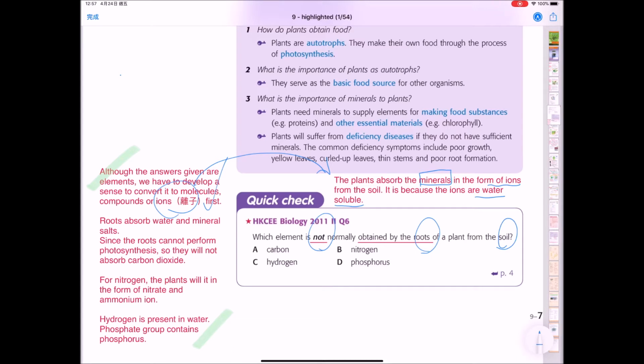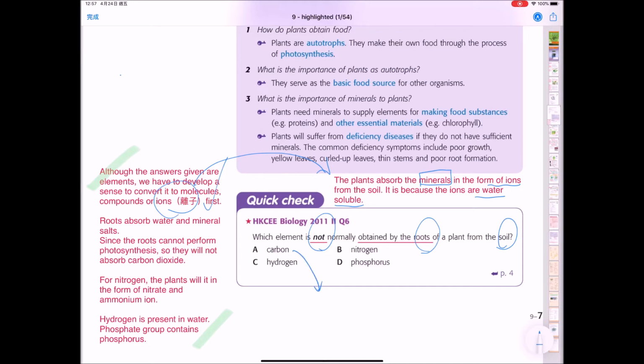So for the first one, carbon, of course in our minerals examples, we have nitrate, magnesium ion, potassium ion, and phosphate group. We can think about it in another way. So carbon should be in the form of carbon dioxide. So let's think about it.